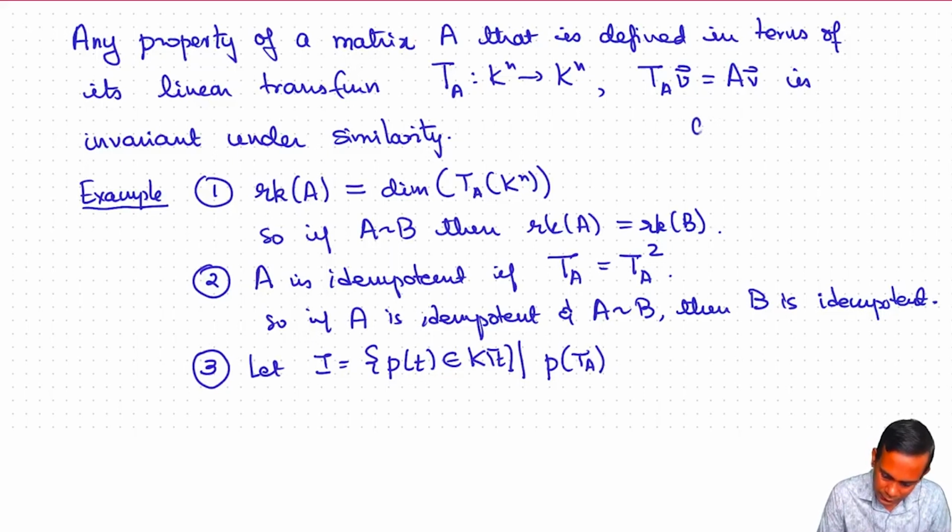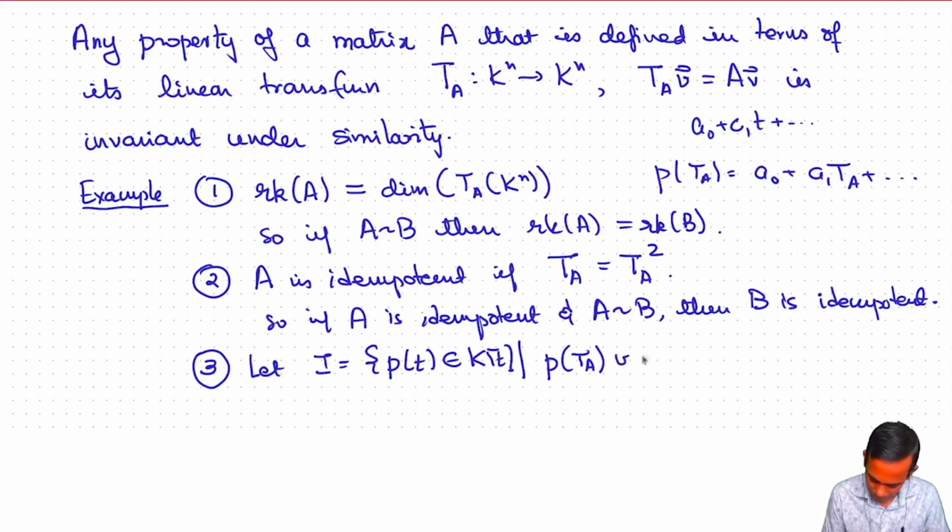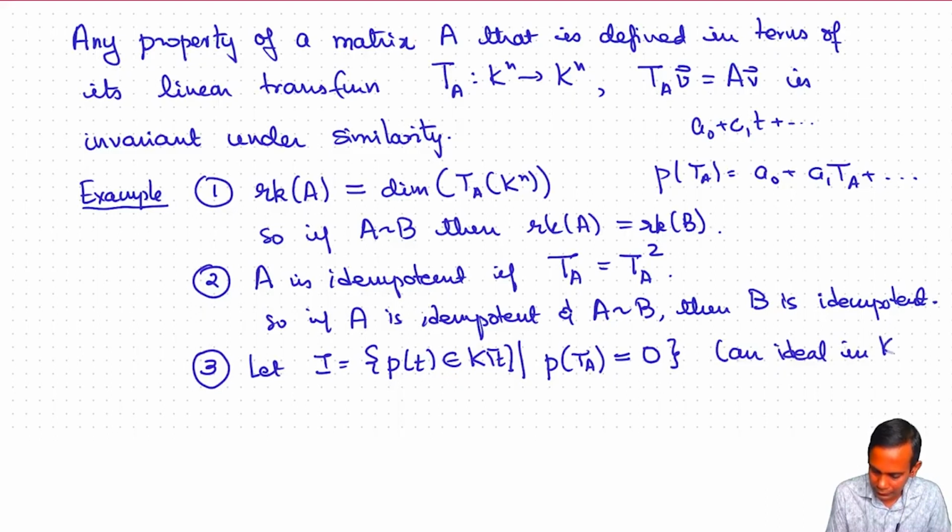If P is a0 plus a1 t plus so on, then P(TA) is a0 plus a1 TA plus a2 TA squared and so on. So we look at all the polynomials such that P(TA) is the zero linear transformation from V to V. Then this I is an ideal in K[t].